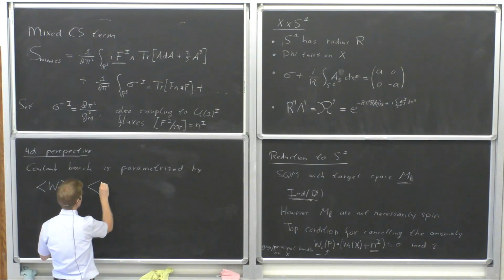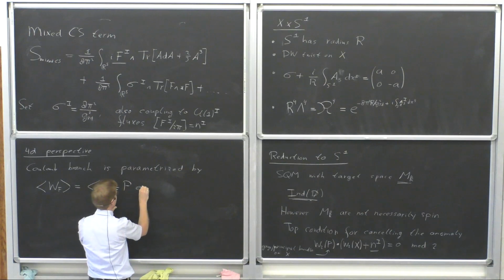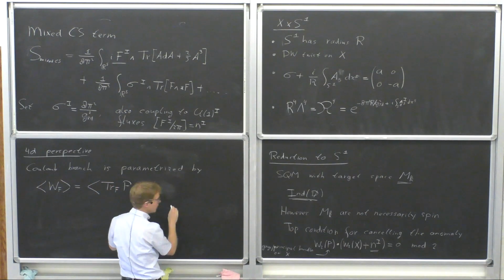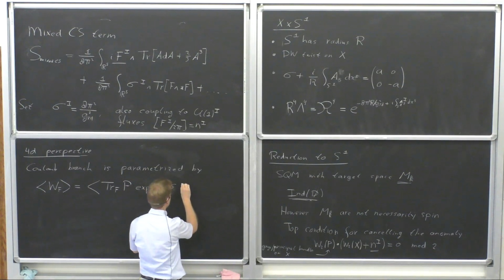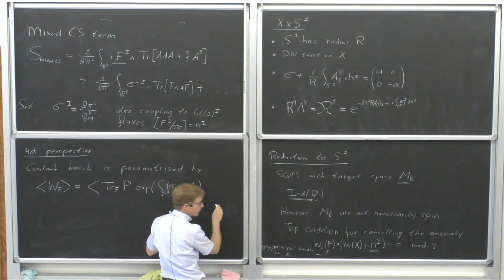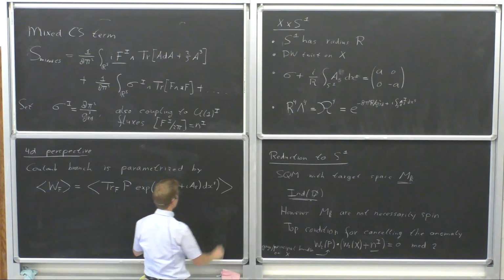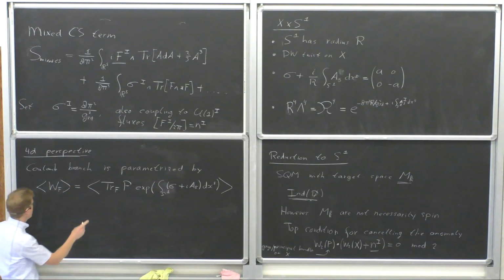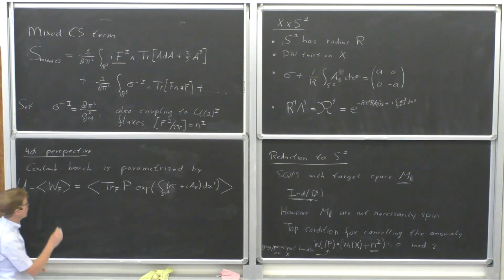So we get a trace in the fundamental representation of the path ordered product of the exponent of the integral over S1 of sigma plus i A5 dx5. And this is usually denoted with the capital U, as a straightforward generalization of the little u, usually used for the pure four-dimensional theories.